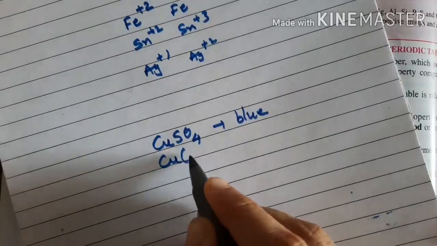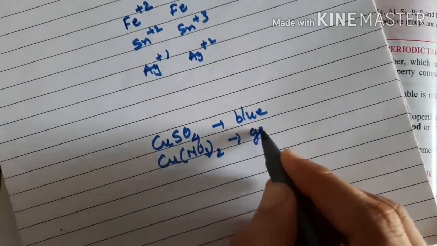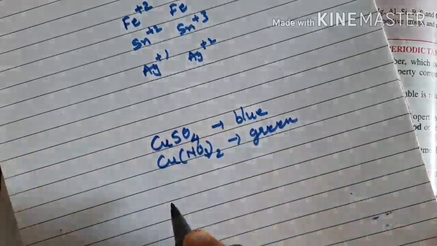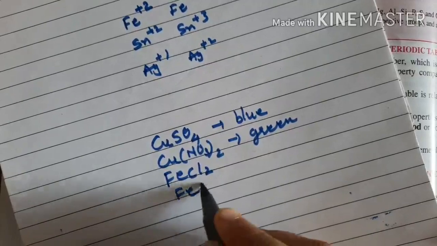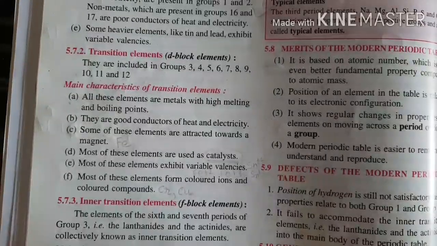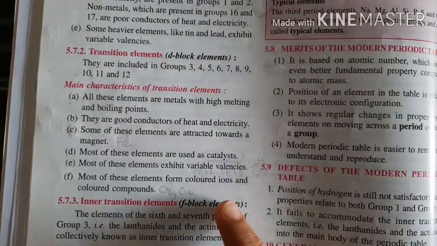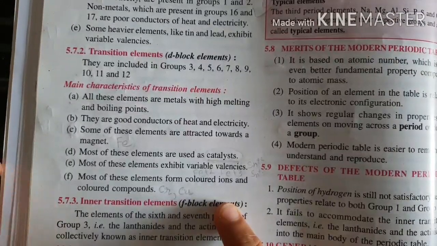Copper nitrate forms green color. FeCl2, FeCl3 give a yellow orange color. So this is the way these compounds can form different colors.